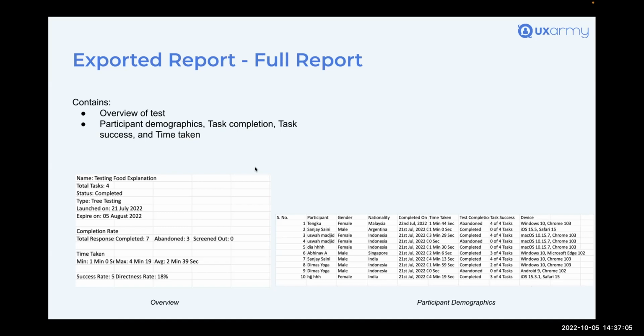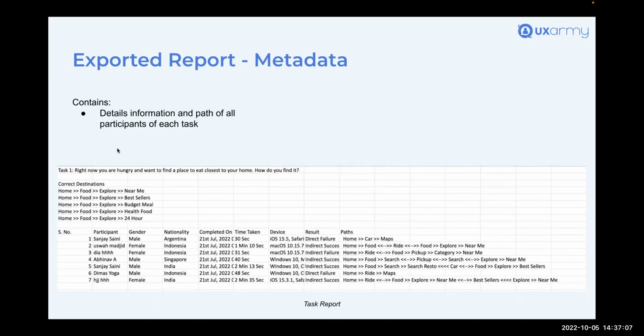You can also see the path of each participant for each task. Sanjay has this path, and Uswa has another path, and the correct answer or right path is written here, so you can analyze. The symbols mean this is direct, and this is indirect success.